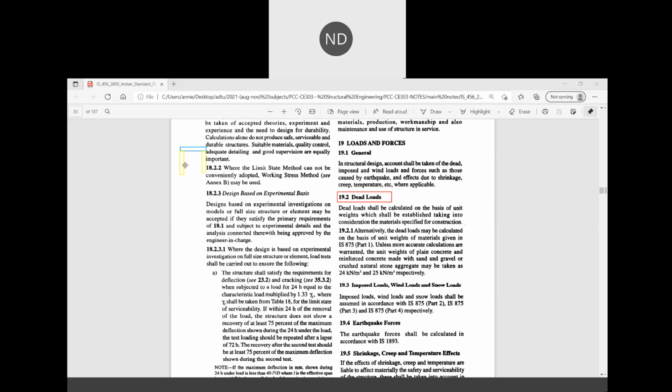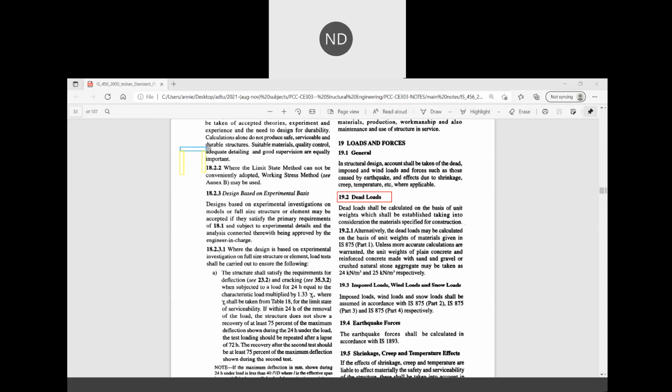Once you construct your structure, these loads will be fixed. This is not going to decrease, so at minimum these loads are going to be present in your structure.